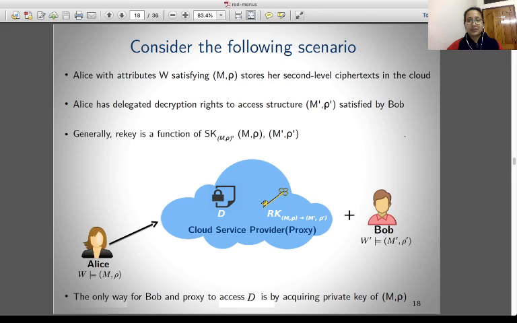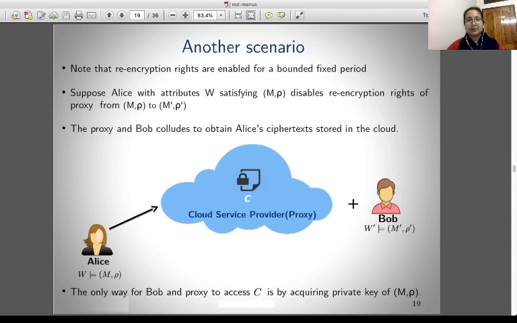Okay, so as you can see, the ciphertext D cannot be re-encrypted further. So the only way for Bob and a malicious proxy to have access to the original file encrypted as D is by acquiring the private keys of M row. Now let us consider another situation. So usually the re-encryption keys are enabled for a bounded fixed period.